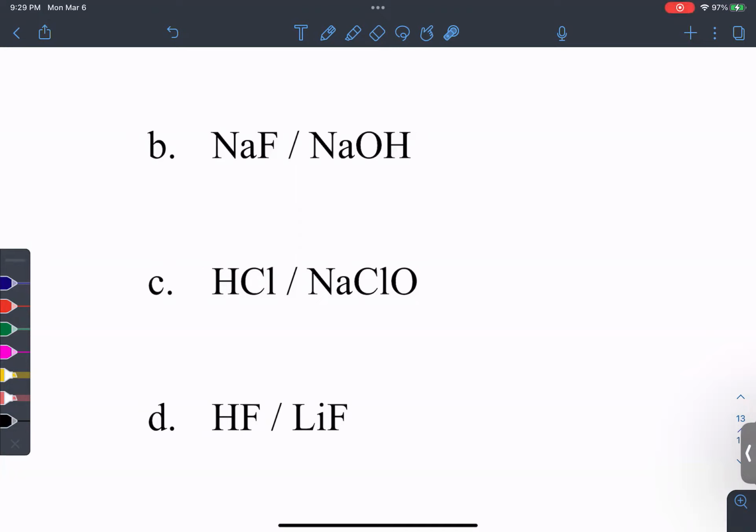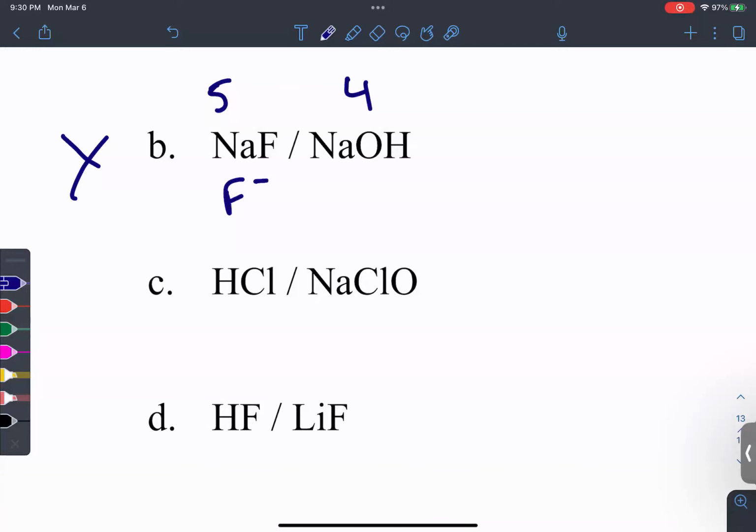NaF is a weak base, so I have F minus. What is sodium hydroxide? It's a strong base. So I have a weak base and a strong base. Is that a buffer? No, that can't be a buffer, because I need an acid and its conjugate base. So let's play the game. What if we have 5 millimoles of NaF and 4 millimoles of sodium hydroxide? How would I calculate the pH?